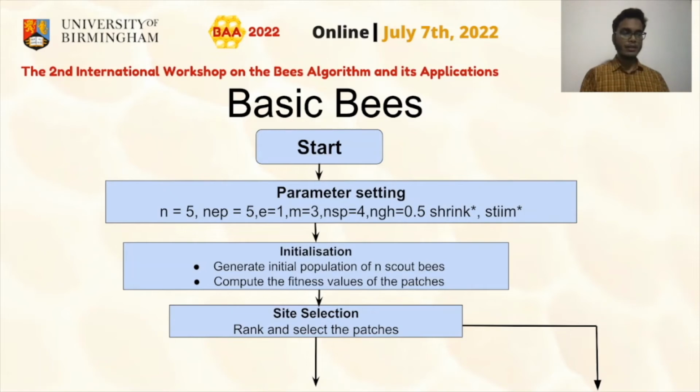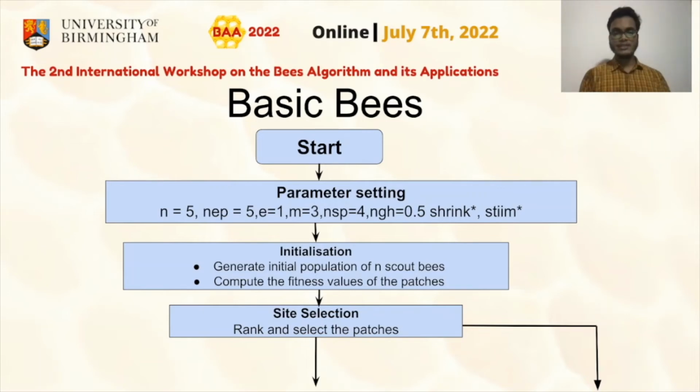Then comes E, which represents the number of best sites out of the M selected sites. Then NSP, which represents the number of bees recruited for the other M-E selected sites. And finally, NGH, which represents the initial size of patches.